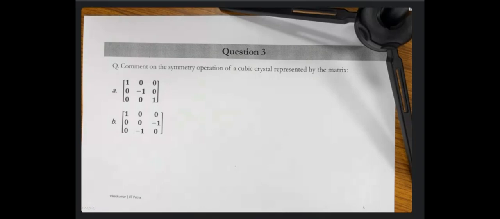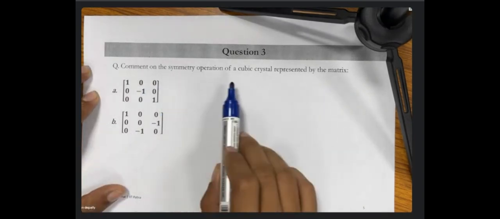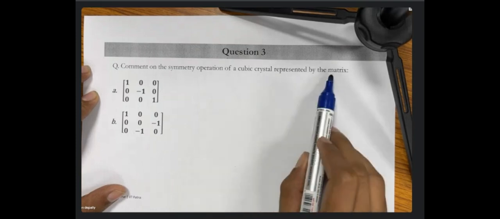Now let's go to the next question, question number 3, where we need to discuss the symmetry operations. We have to comment on the symmetry operation of the cubic crystal represented by the matrix.